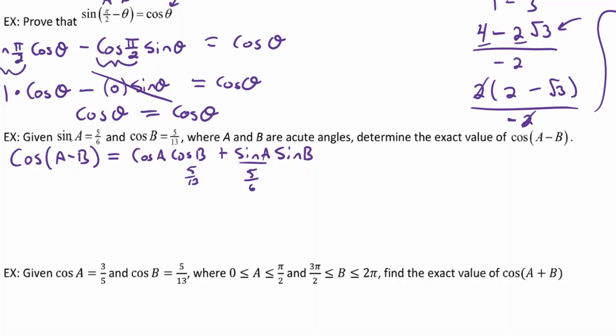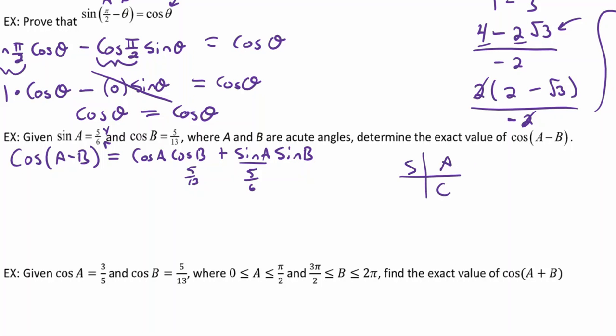So sine is equal to opposite over hypotenuse, or y over r. And we also know, just using the CAST rule, where is sine positive?